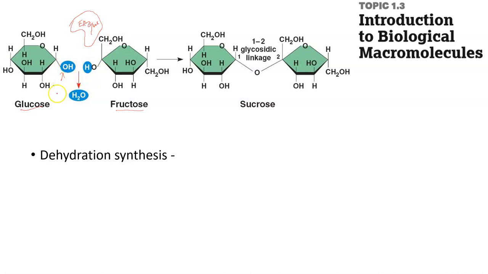What is this called again? This is a hydroxyl functional group. And over here, another hydroxyl functional group. Basically it pulls these atoms that form a water molecule out of this molecule. And by doing that, it creates a bond right here. In this case, this glycosidic linkage. So that is what is occurring in dehydration synthesis.